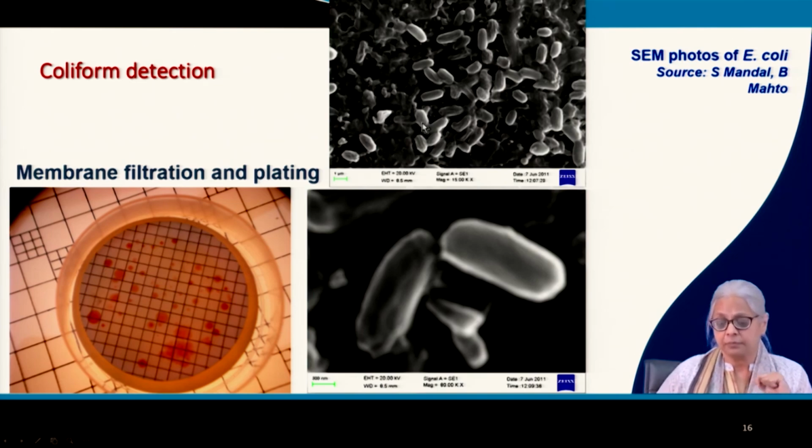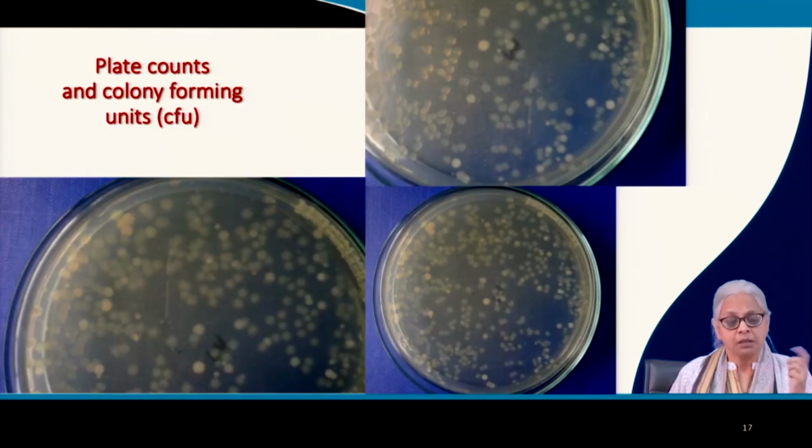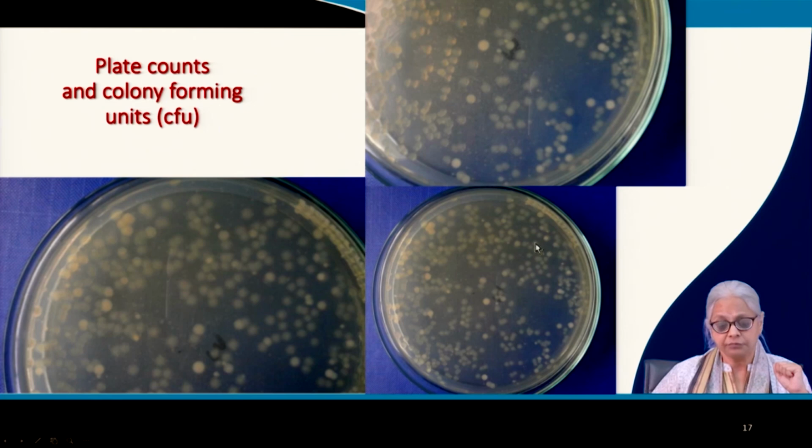The others are SEM photos, which I've already shown you in the previous module. These are plate counts and these are colony forming units. You can see if the distribution and the spreading of the cells is good, then each of the colonies is fairly well defined and they are more or less of the same size. What you can also see over here is that the colonies are slightly different in color.